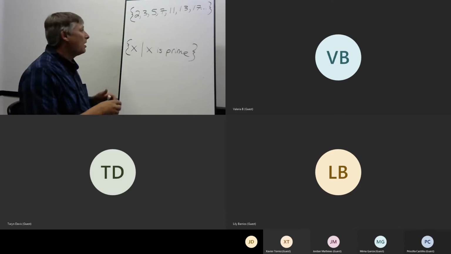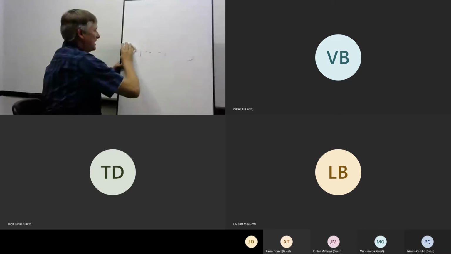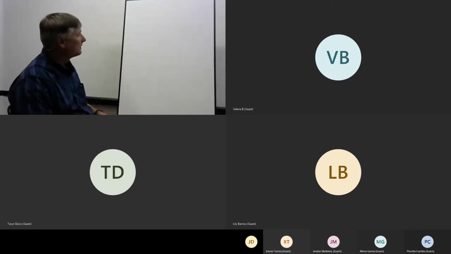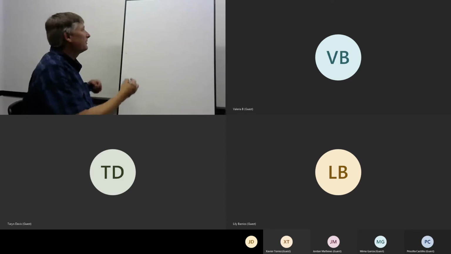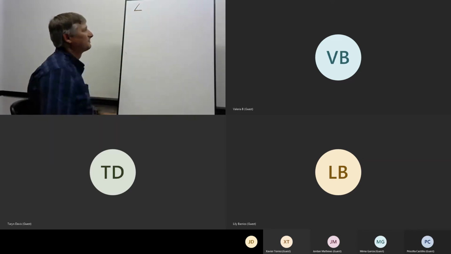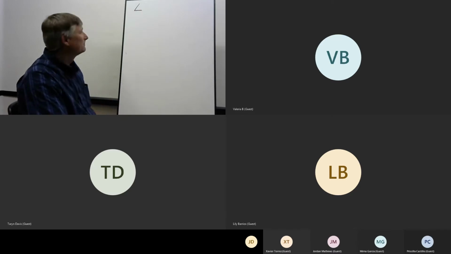So we're going to review inequalities, and you've seen these before. So I'm going to kind of go through fast. So let's take a look at this symbol. As you might remember from elementary school, we say the alligator eats the bigger number.